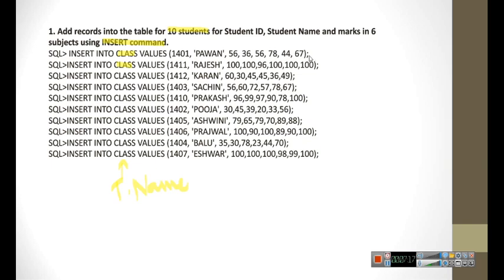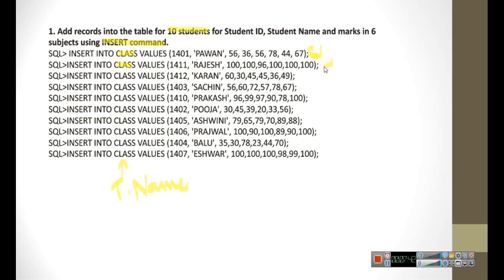Once you hit the enter key, you'll get "record is inserted into the table." Next, again insert into class values, the second register number, comma, name. The name should be given in single quotes, comma, and 6 subjects separated by commas, closing braces and a semicolon.